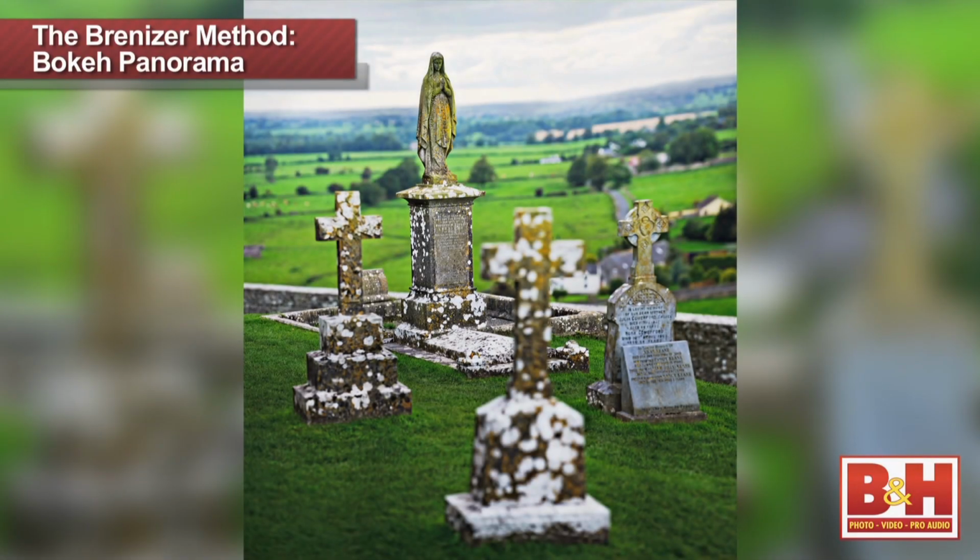So I said to myself, I really want that shallow depth of field of a 200 at 2.8, but I want that wider frame of view. A light bulb went off in my head, and I said, if I stitch these together, I should be able to get both. So I shot it, I put them all together, and I took it home that night, and it worked out even better than I could imagine.